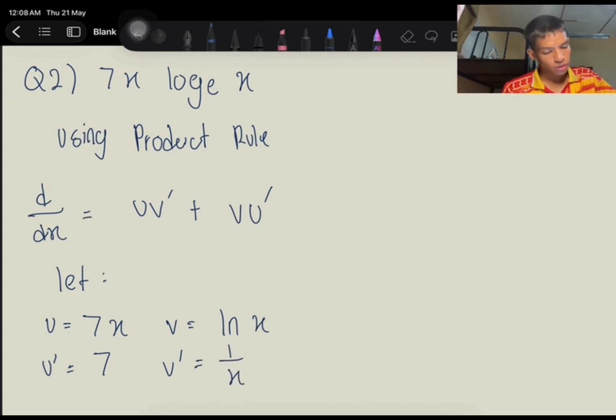Substitute into the formula: 7x times 1 over x, plus ln x times 7, dy over dx.